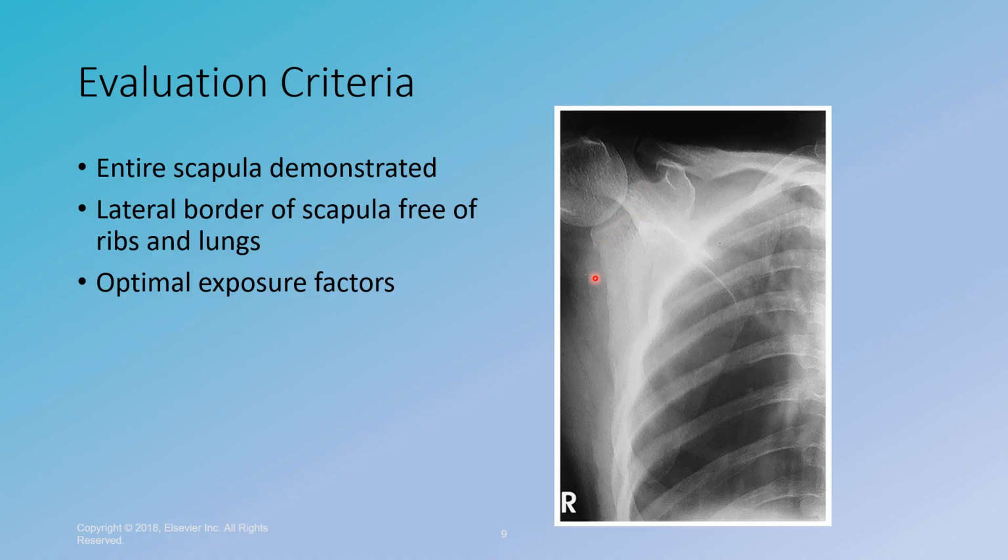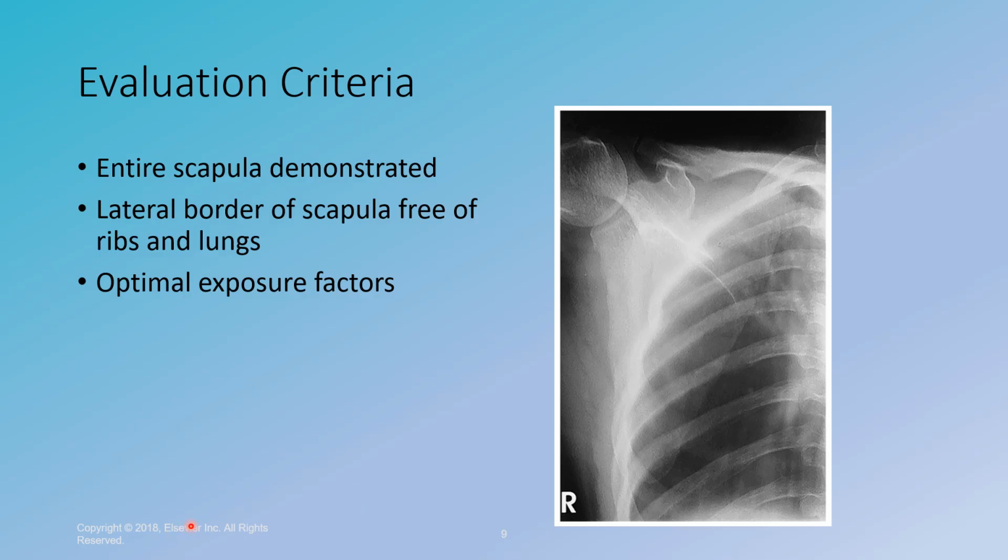The lateral border of the scapula should be free of the ribs and the lung, which here's the lateral border right here. And the exposure factors are actually ideal, and we would have used 80 kVp at 5 mAs. Remember, this is done with orthostatic breathing or breathing technique, which is a low mA and a long exposure time of at least a minimum of 3 seconds, ideally 4 to 5 seconds.